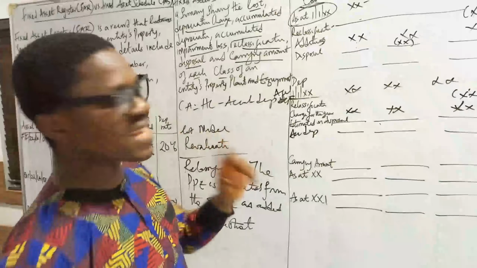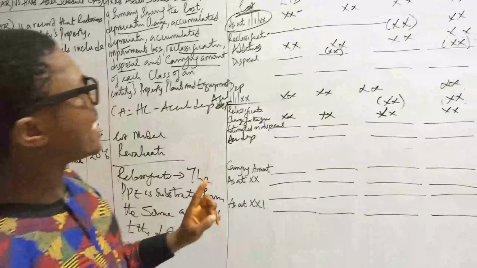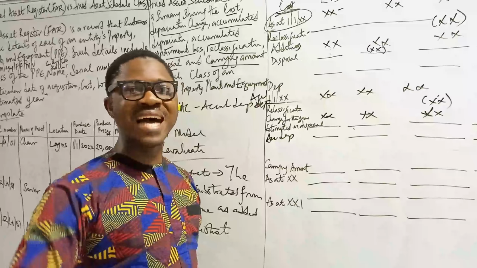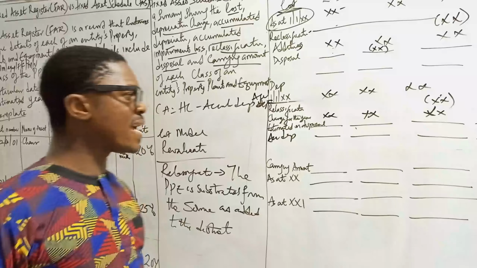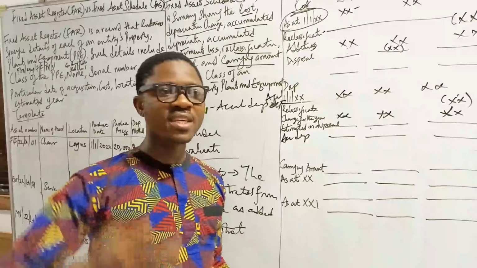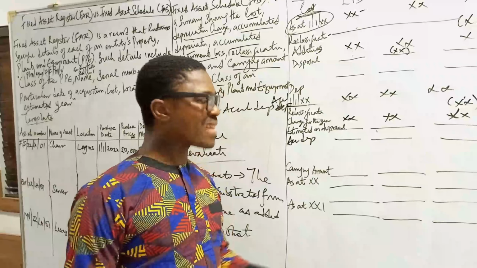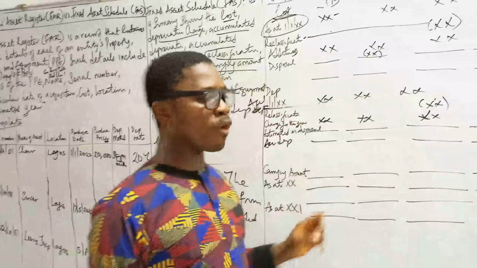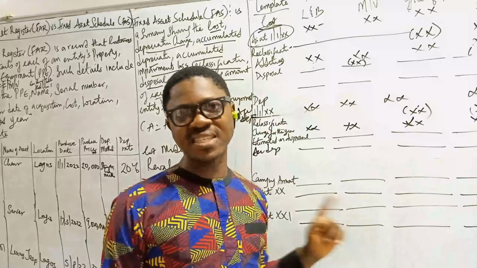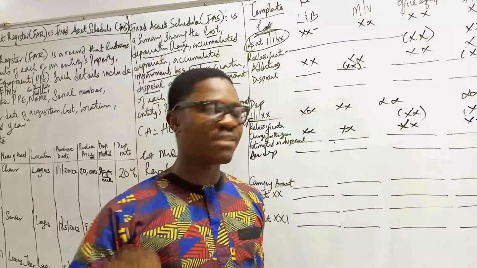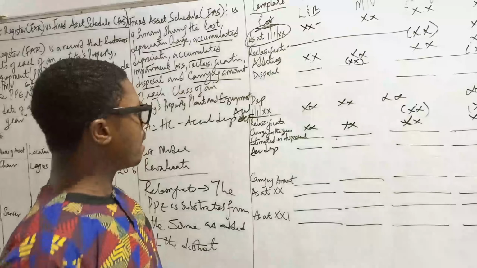So there is need to effect that recognition in the fixed asset schedule, because it is the fixed asset schedule that determines what will be posted into the financials with respect to the depreciation, and that also means that the carrying amount of each class of asset in the fixed asset schedule must be the same as the carrying amount in the financial statement.